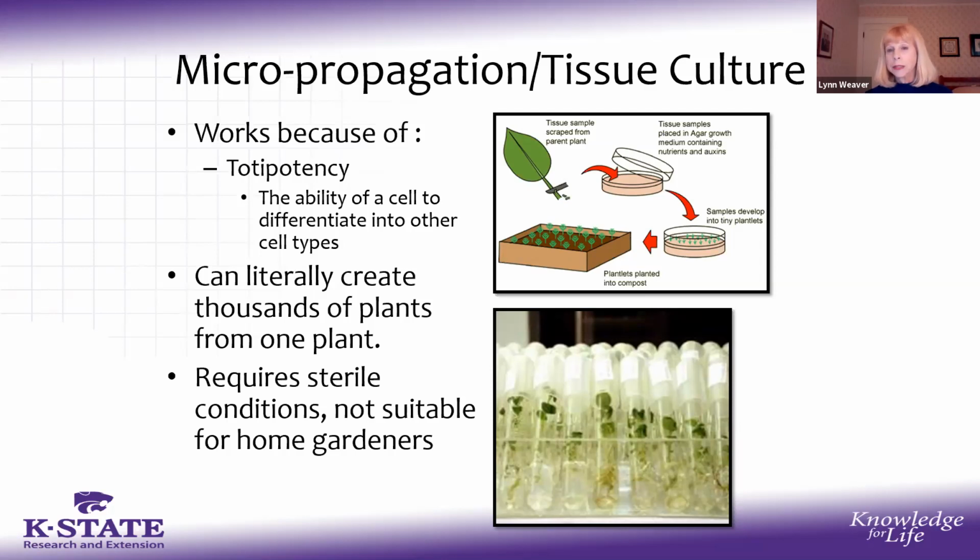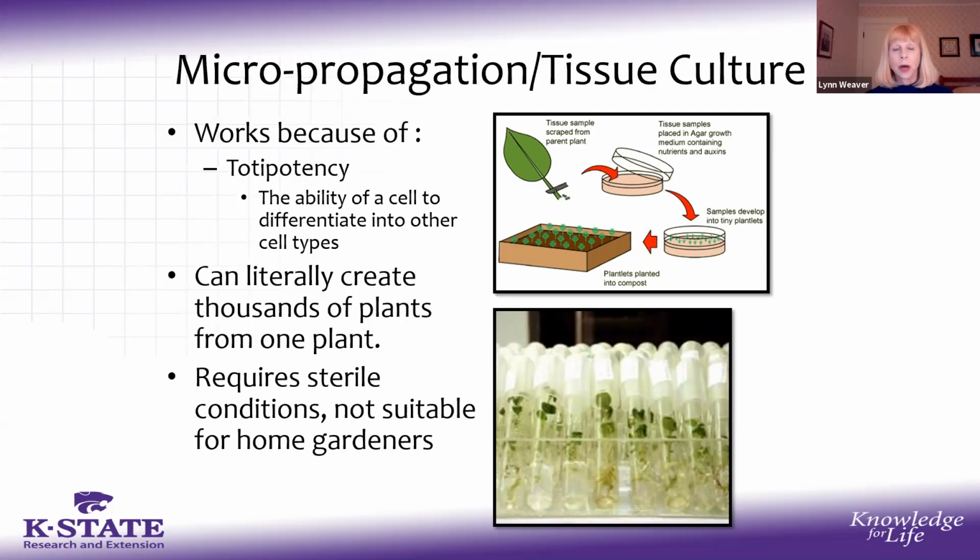After about 4 weeks, they have a lot of little shoots coming up. About 4 weeks after that, they move each little individual and place it in a media favoring root growth. And in another 4 weeks, they have a lot of plants with a lot of roots.